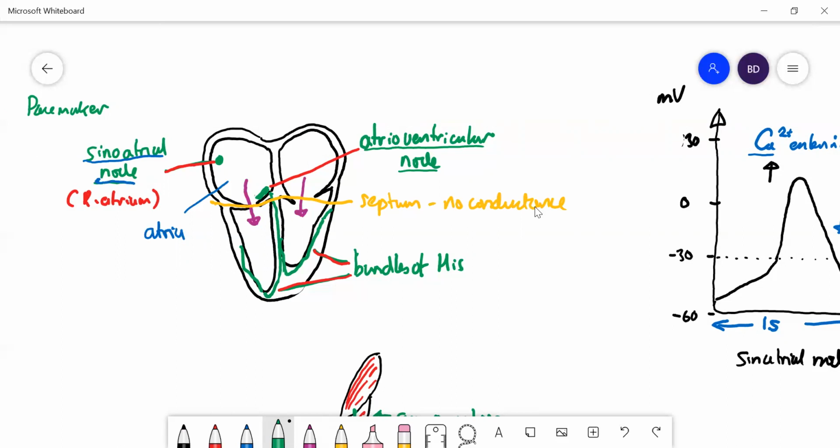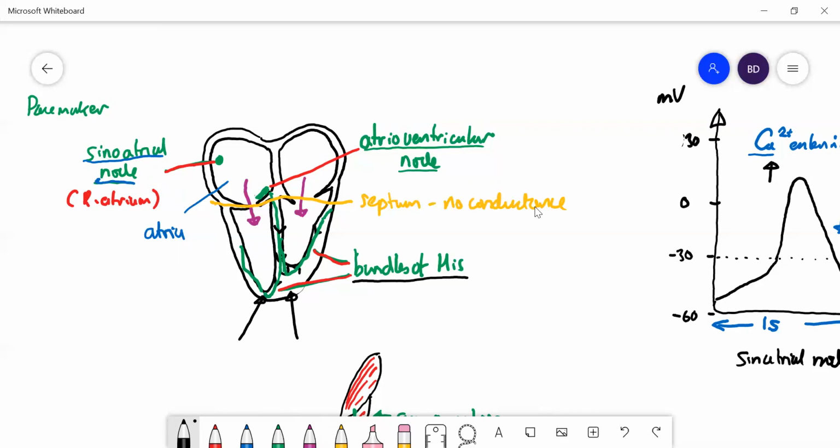So the cells of this depolarize, and then the depolarization spreads down these conducting fibers, which again are all specialized myocytes. It's not nervous tissue, it's specialized myocytes. They're called the bundles of His, made of Purkinje tissue. And that will carry the impulses down to the bottom of the ventricles first of all, and it will cause the ventricles to contract.